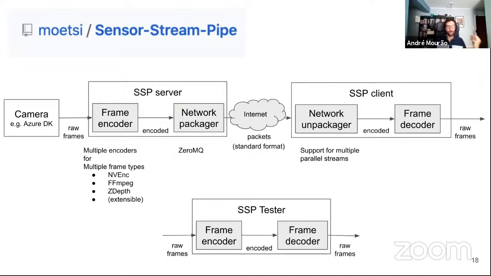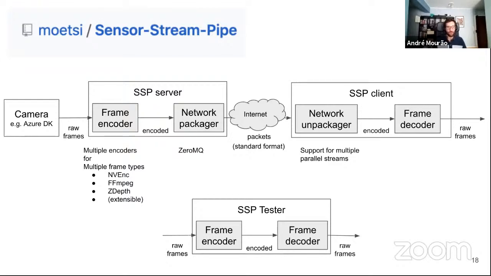One of the greatest things about SSP is that it supports multiple types of encoders for a multitude of frame types. In addition to FFmpeg, which is the most versatile encoder that can work with virtually all types of frame data, both color, grayscale, depth, etc., it also supports hardware accelerated encoders such as the NVIDIA encoder, so you can get a real good acceleration of the encoding process if you have an NVIDIA card.